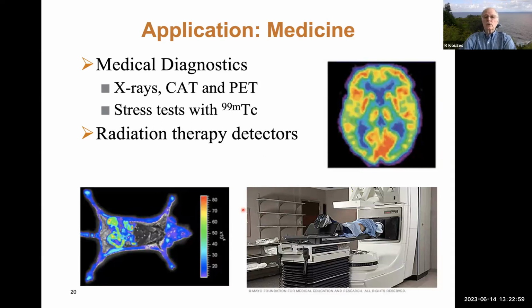Of course, X-rays were initially detected on film 130 years ago, at the discovery of X-rays. In addition, there are radiopharmaceuticals that are delivered into the bloodstream, like technetium-99m, which is used widely in stress tests. In fact, Tc-99m is the most common radiation burden carried by people in the US.